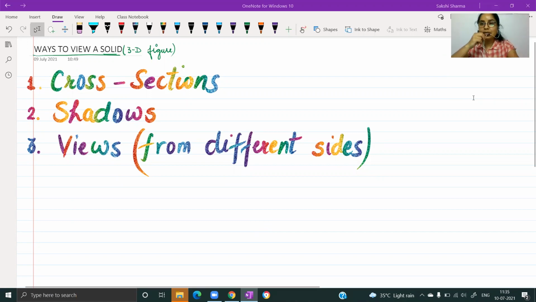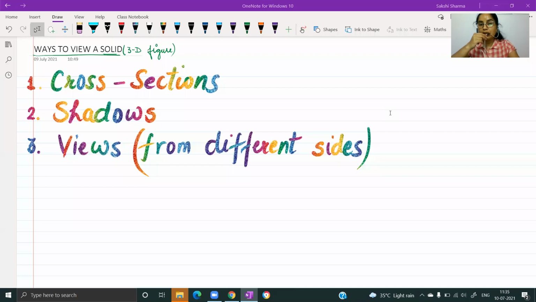Okay, the second way is we can look at the shadows the 3D figures form. Whatever 3D shapes you have, if we look at their shadow, what kind of shadow is formed? Shadow will also be a two-dimensional figure. Because a shadow is flat, it will also be a 2D shape. And then the third one is by looking at the solid from different sides.